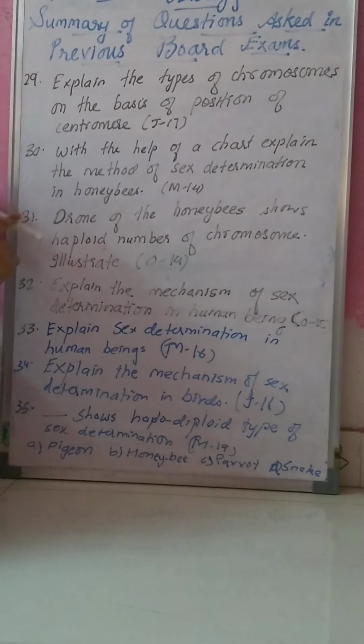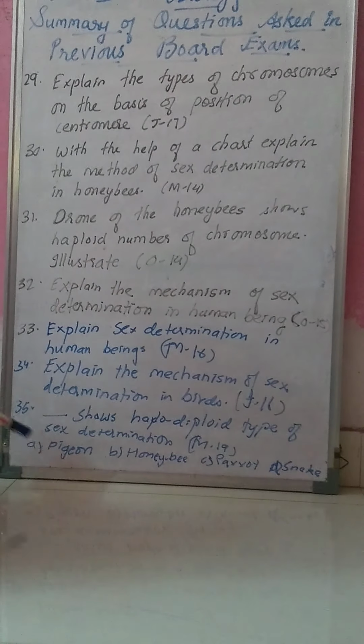But here you only have to explain about the drone of the honeybee. And on the basis of these two questions, 30 and 31, you can see one more question, number 35.